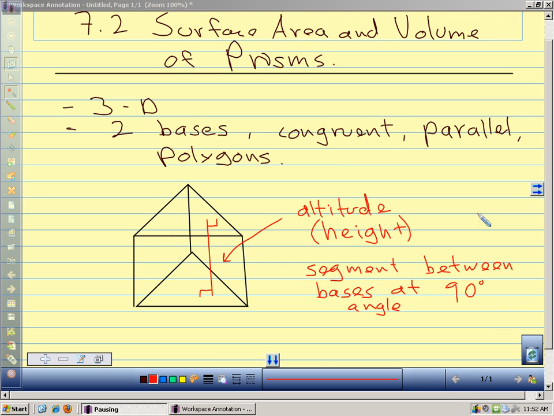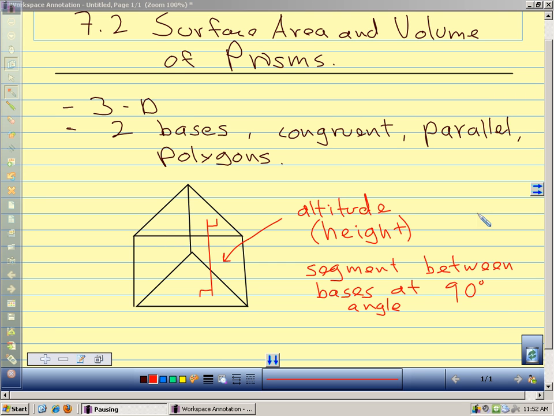So Nova asked if the prism was standing up this way, or laying down this way. And you can kind of see it being both ways. The triangle could be the top or the bottom, or this could be the top edge, like a tent.